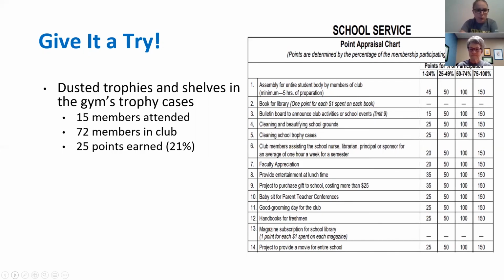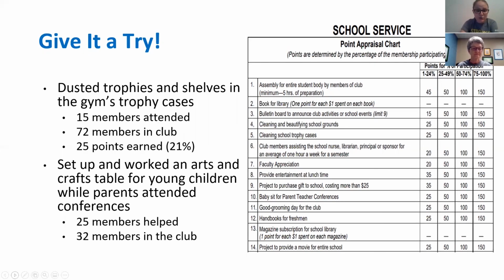Let's do one more. Let's say that you set up a table of arts and crafts for kids at conferences. You have 25 members that came to help and 32 members in your club total. So again, you'll take that 25 divided by 32 and then multiply it by 100 to get your percentage.